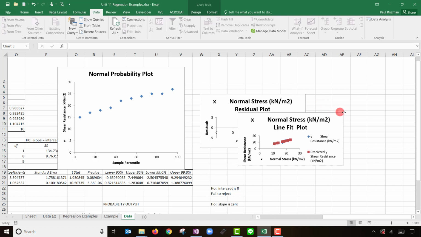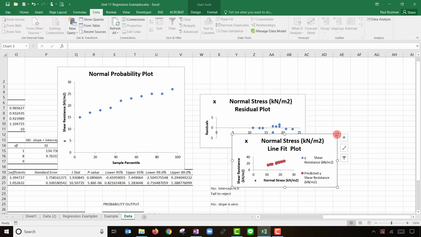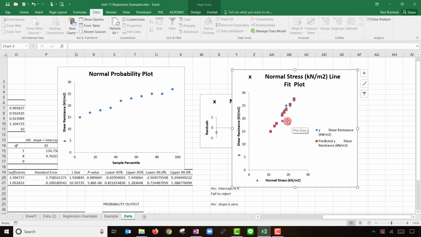What else do we get? This is just a crude version of our nice plot. The blue values are the actual values and the red values are the predicted values at each of those same points. So it's basically our scatter plot with the line sort of on it.